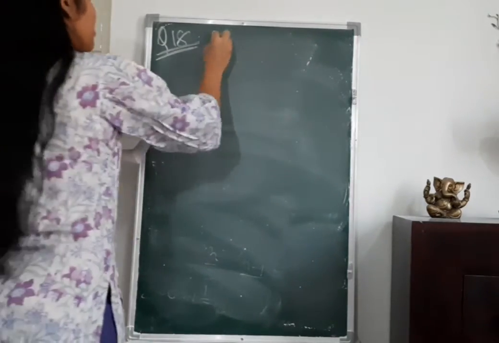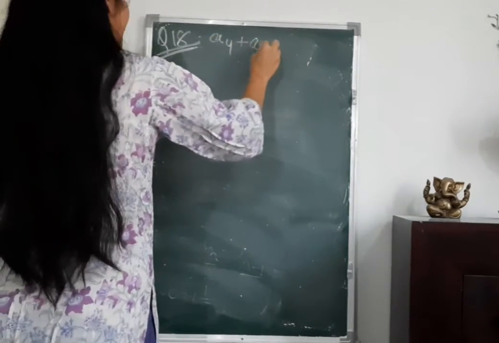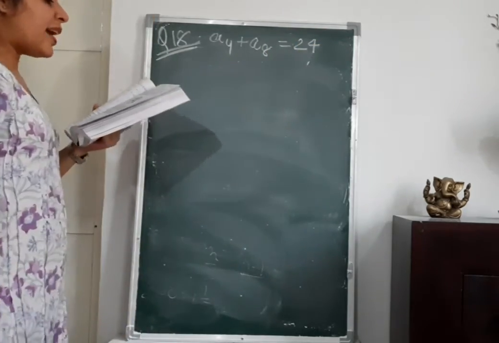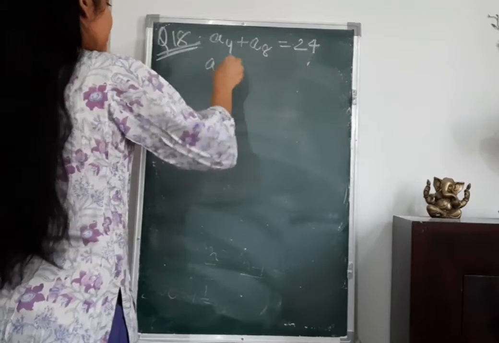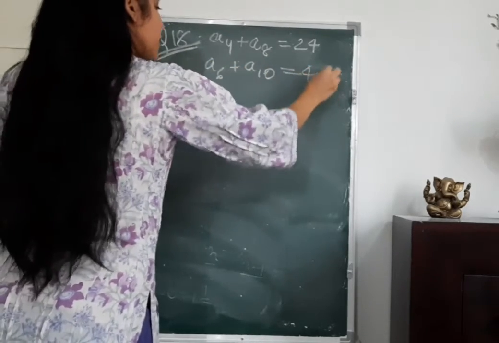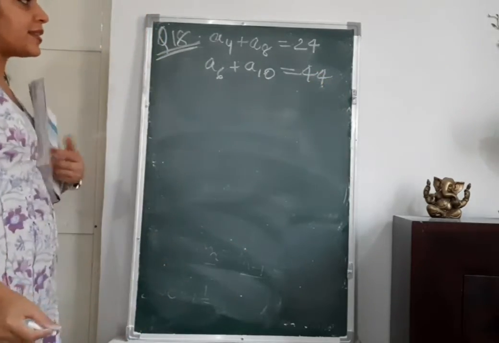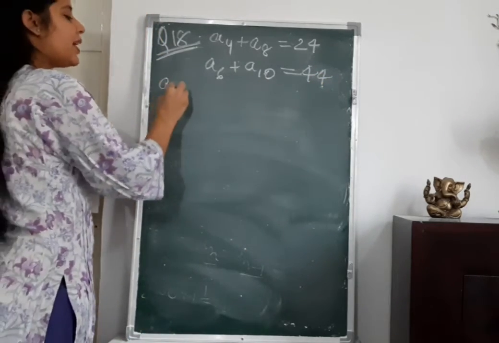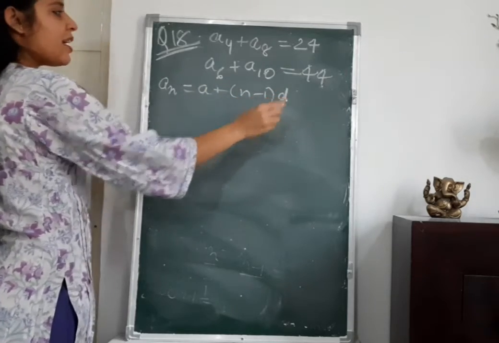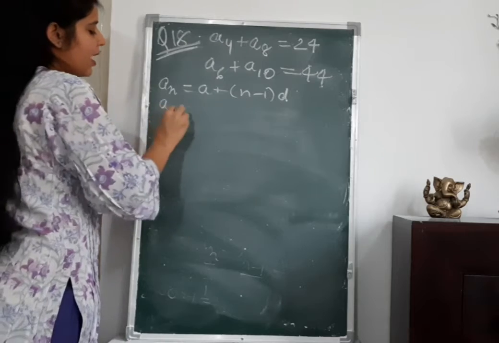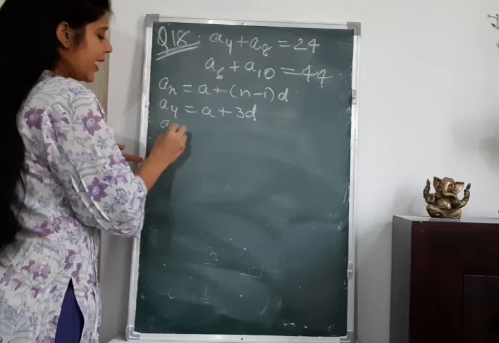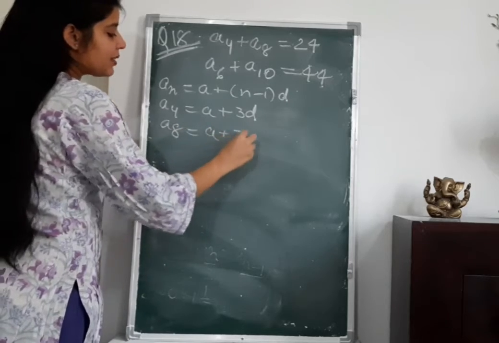They are saying the sum of the 4th and the 8th term is going to be equal to what? 24. And the sum of the 6th and the 10th term is going to be equal to what? 44. And I have to find out this series. So again we'll use the formula AN is equal to A plus (n minus 1) into D. If I put n as 4, I will get A4 as A plus 3D, A8 as A plus 7D.